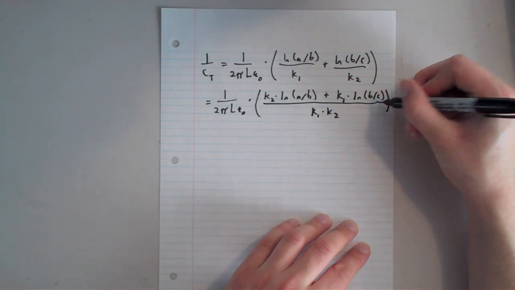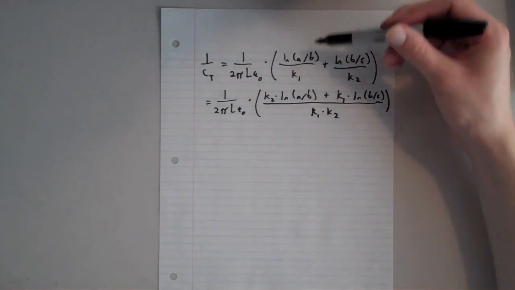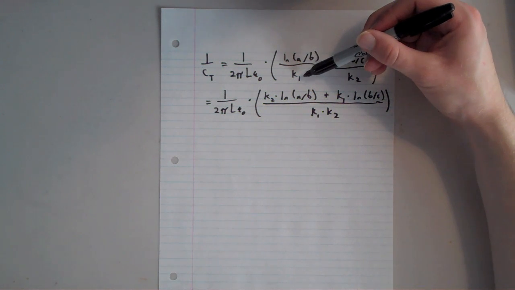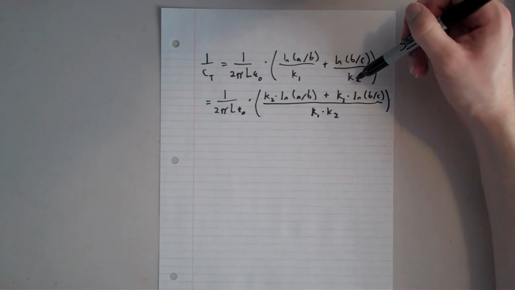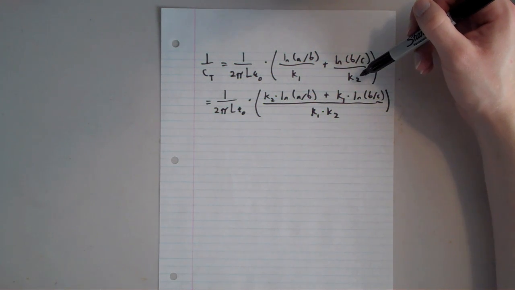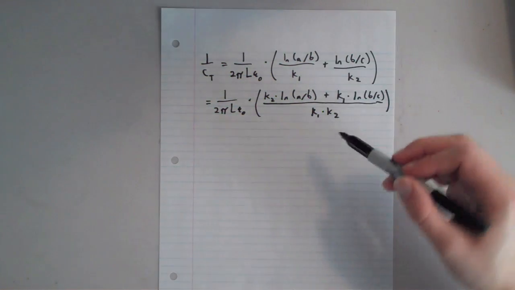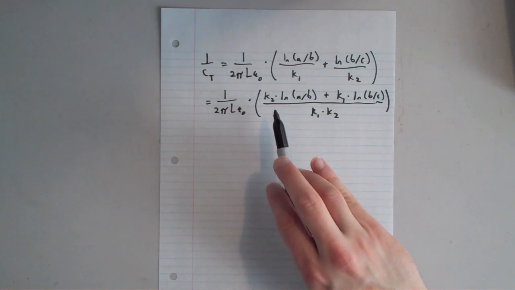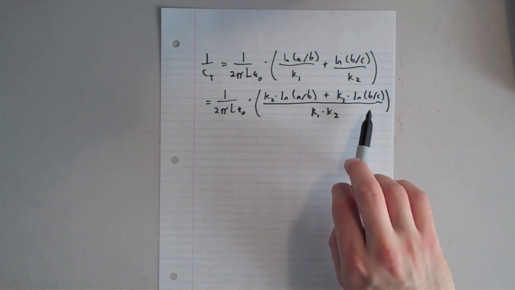I did a couple steps at once there. Basically, you just multiply this factor times K2 over K2, and this one times K1 over K1. You're allowed to do that because you're multiplying by 1. And that makes both have the denominator of K1 times K2, which allows you to combine the terms in the way that I did. Okay, cool.